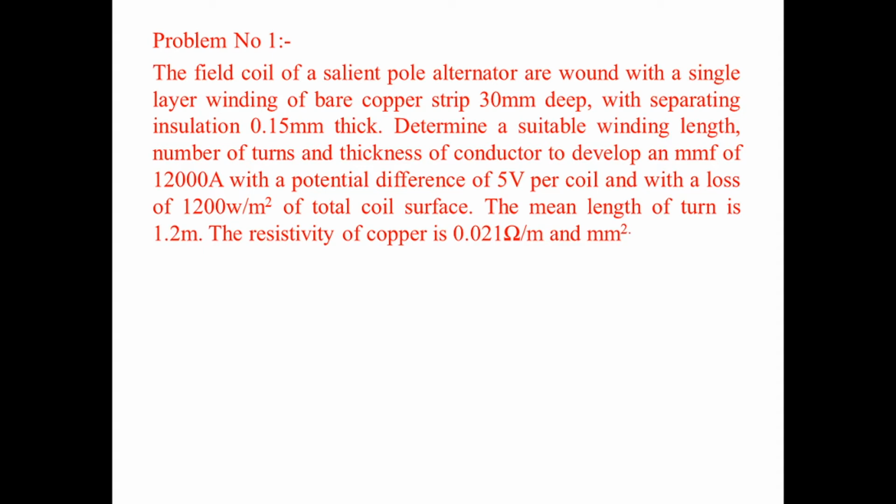First problem: the field coils of a salient pole alternator are wound with a single layer winding of bare copper strip of 30 mm depth, which we can consider as the depth of the field winding, DF, with a separating insulation of 0.15 mm thickness.